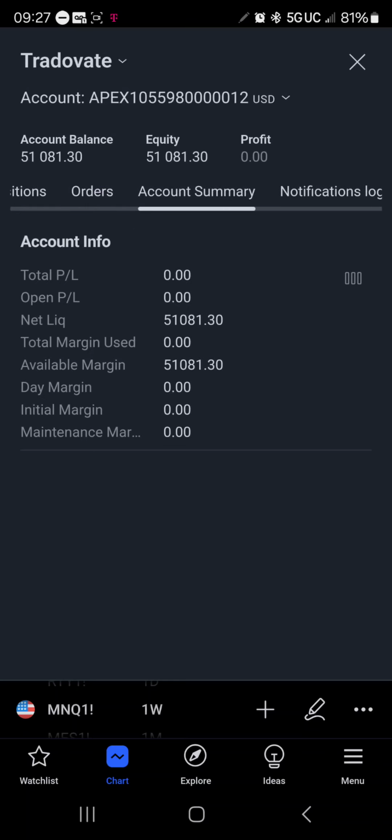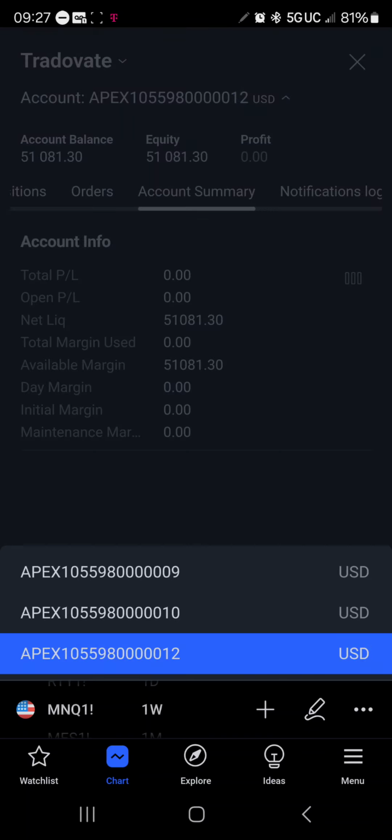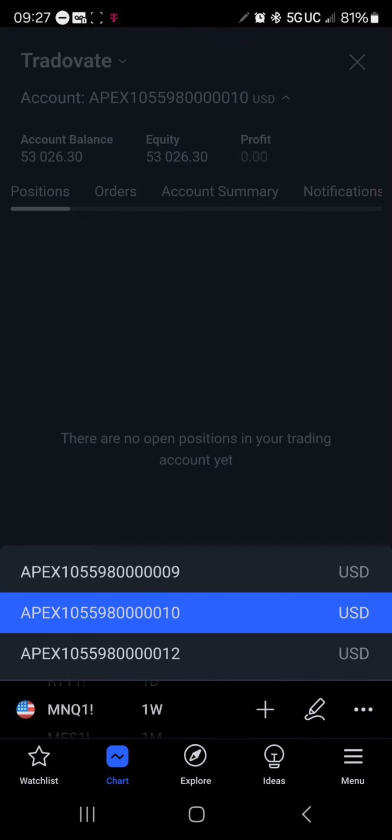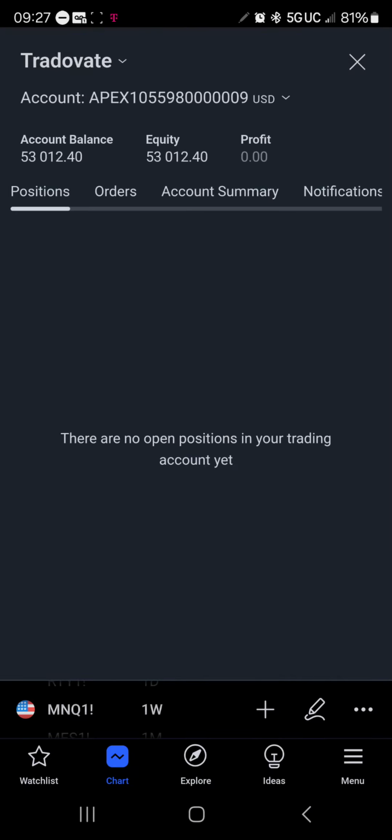But obviously, it was a $50,000 eval account, and I took those 4 trades and ended up getting the account to $51,081.30. You guys know that all you need to do is get the $50,000 accounts up to $53,000, which I've done for that one, and I've done for that one.